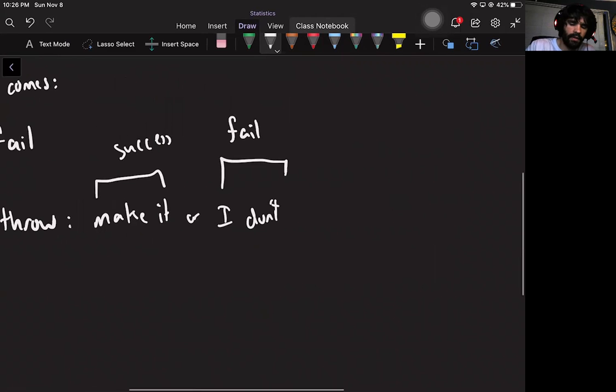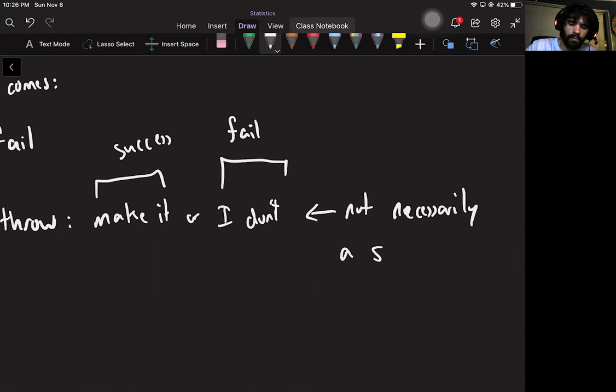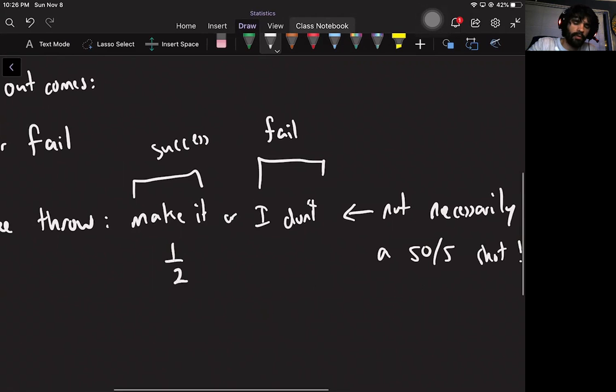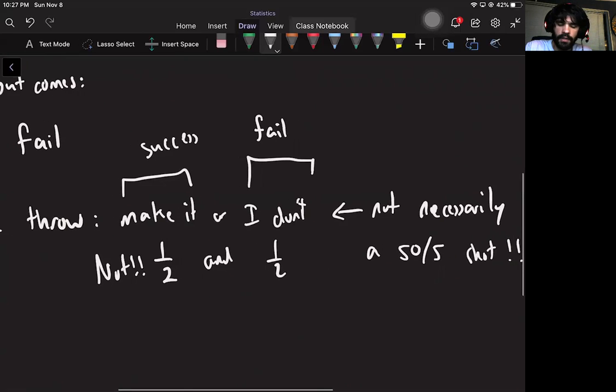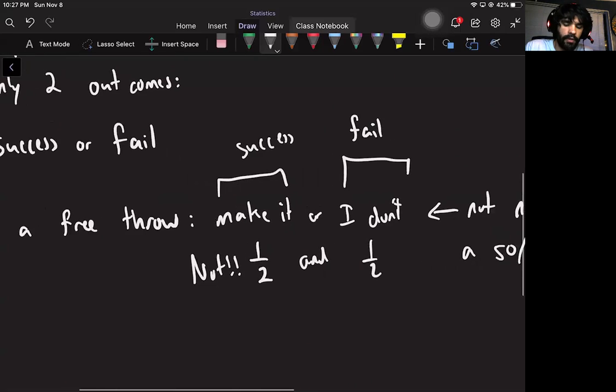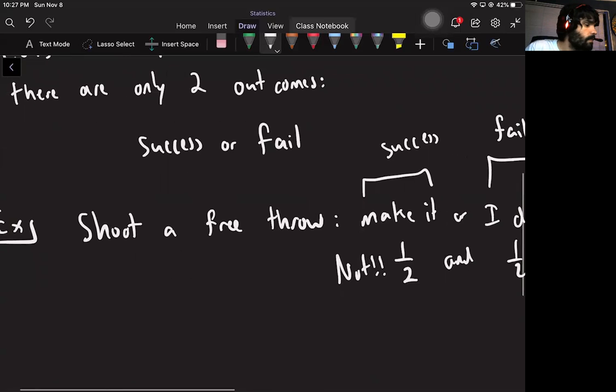Notice that it's not necessarily a 50-50 chance, right? I'm very bad at basketball. So it's not like automatically 1/2 probability of success and 1/2 probability of fail. For me, it would be very low probability of success and high probability of fail. It would not just be 50-50.